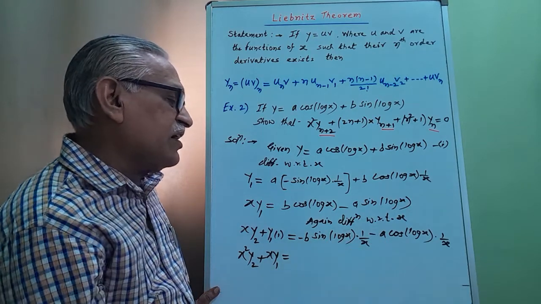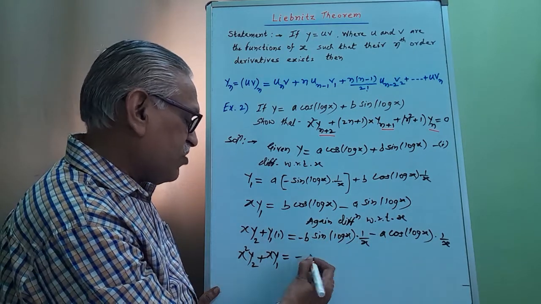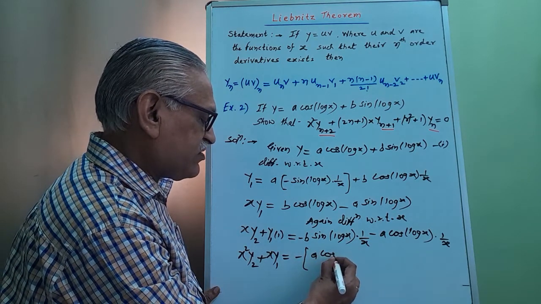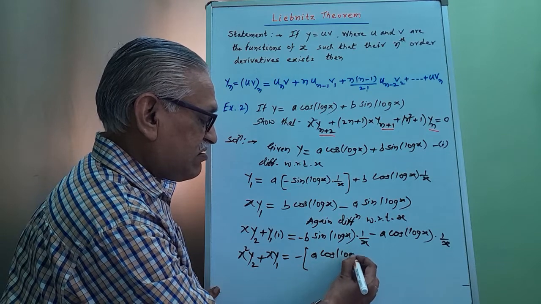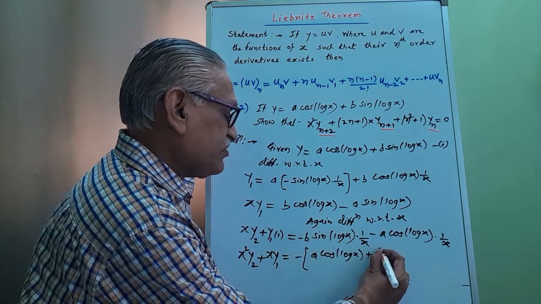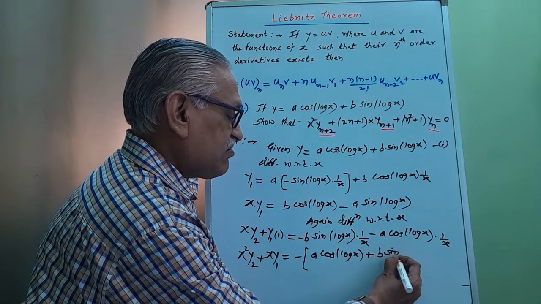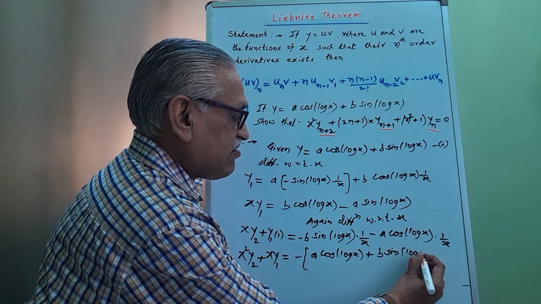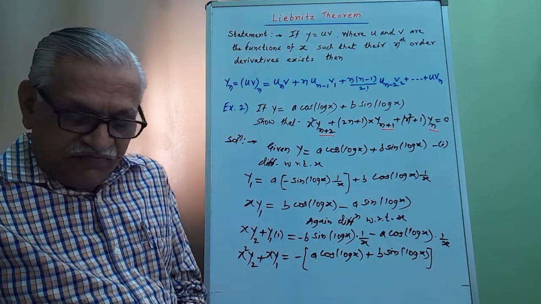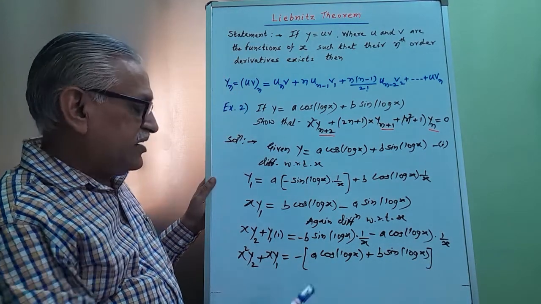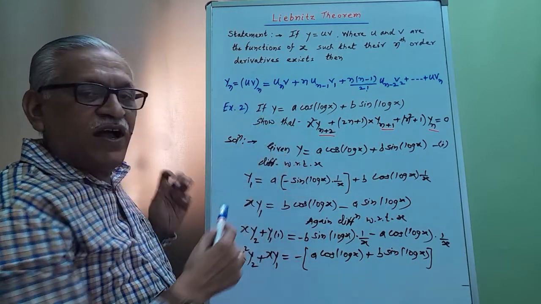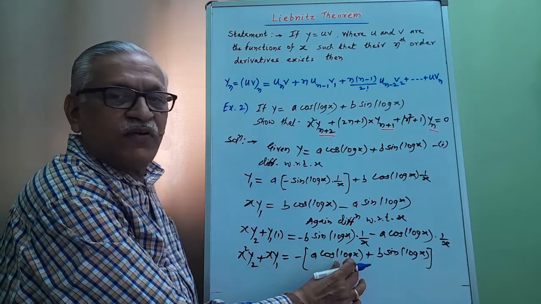I can take a minus common from this. The remaining terms are a cos of log x plus b sine of log x. And then if you observe the given, it is a cos of log x plus b sine of log x, which is nothing but y, and therefore I will replace this term by y.